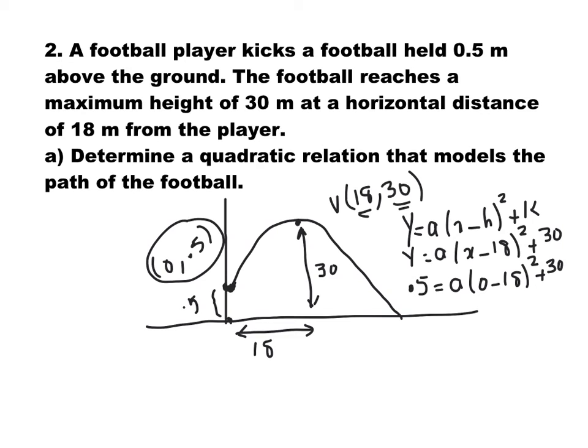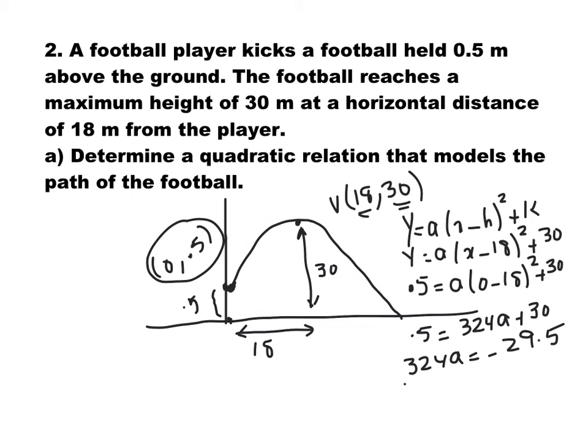Now, this gives me 0.5 is equal to (0 minus 18) squared, which is 324, a plus 30. If I move this one to the left, I get 324a is equal to 0.5 minus 30, which is minus 29.5.